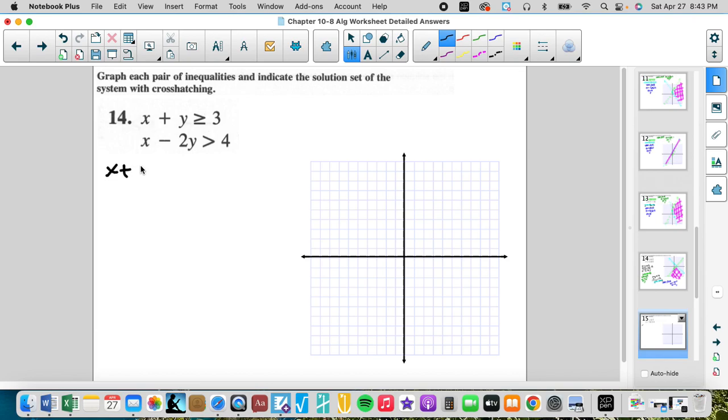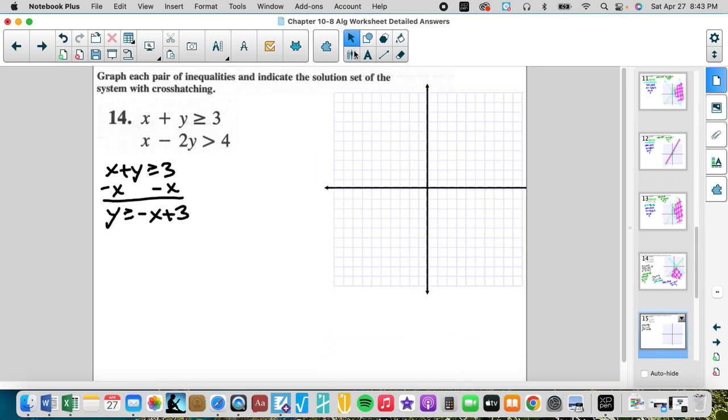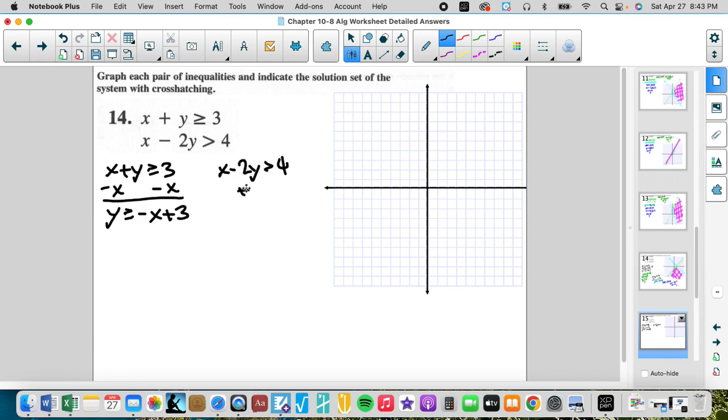Let's take x plus y is greater than or equal to 3 minus the x. Y is greater than or equal to -x plus 3. Let's move you again. Let's move it up here. Let's take this equation. X minus 2y is greater than 4. Let's add the 2y over and minus the 4.